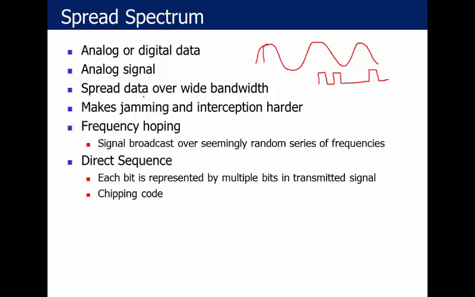Okay. So, spread the data. We need to spread the data over the bandwidth somehow, right? The general idea is this. If I have data, say 1, if it is binary data, then I can combine 1 with a run of 1s: 1, 1, 1, 1, 1, 1, 1, 1, if this is the unit size.